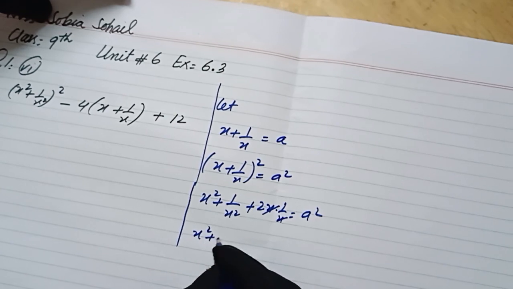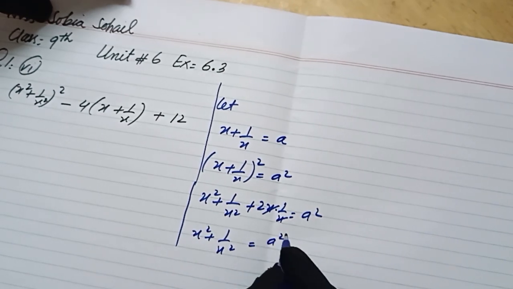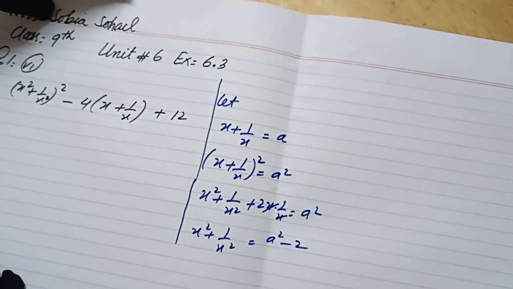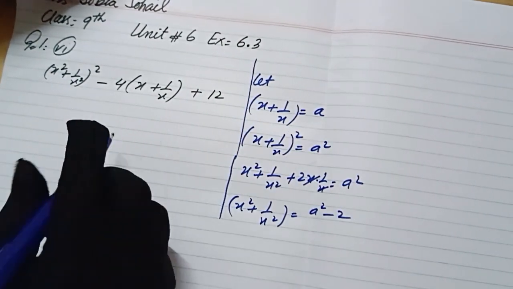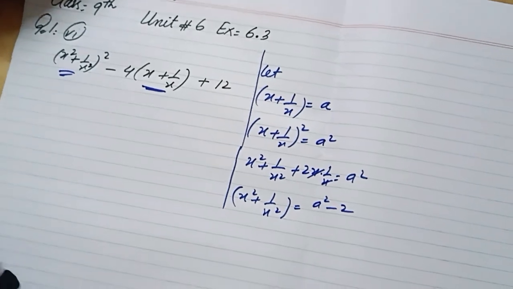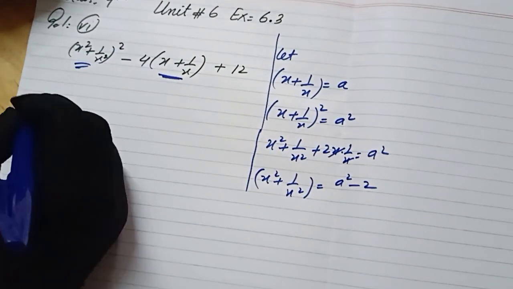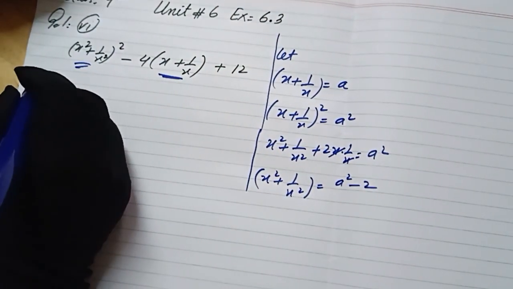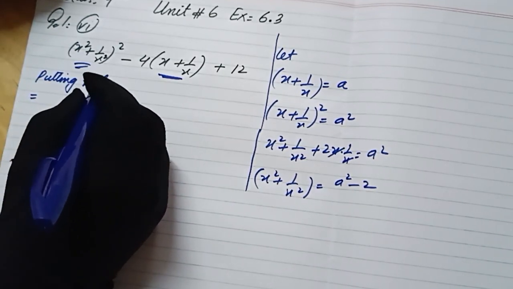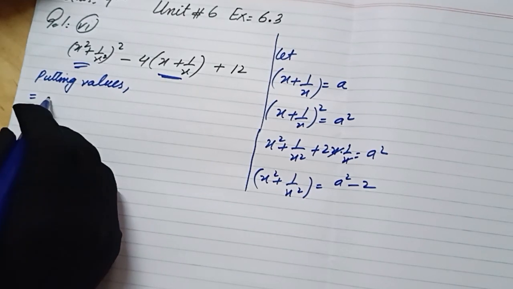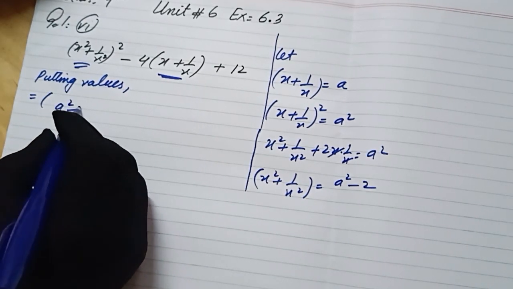So x squared plus 1 over x squared will be equal to a squared minus 2. Putting the value of this one and this one over here and here, we can change our expression by putting the values. The value is a squared minus 2.